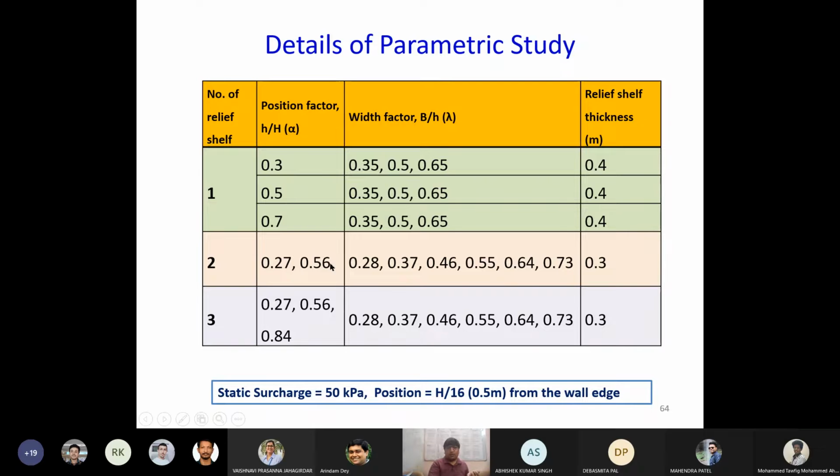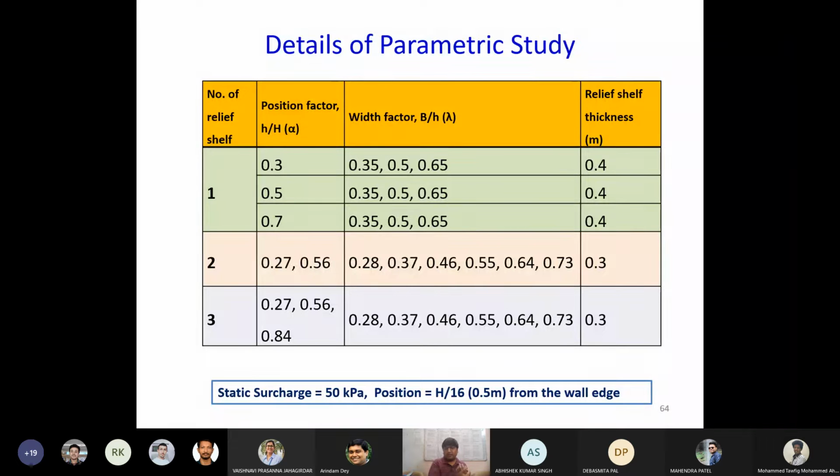And with the 2 relief shelf combination and 3 relief shelf combination, these are the position factors as well as the width factor. Throughout this study, we have applied a 50 kPa surcharge, and this surcharge was not placed exactly near the wall. It was placed at a distance of h by 16 from the edge of the wall, because we always prefer that any surcharge should not be very near the wall.